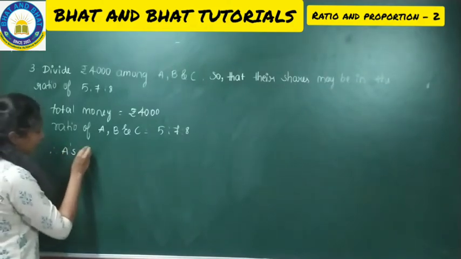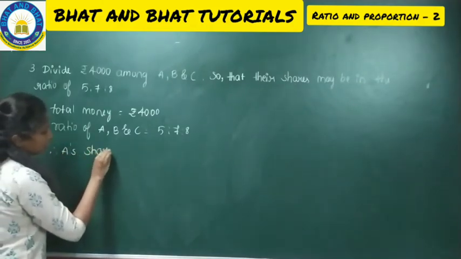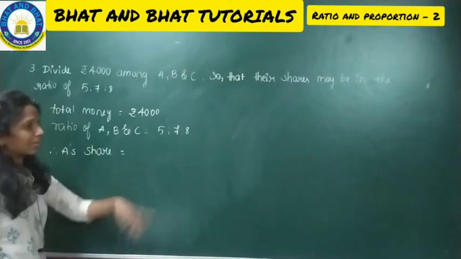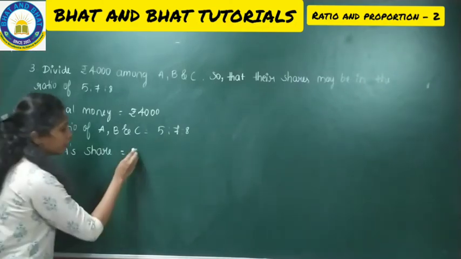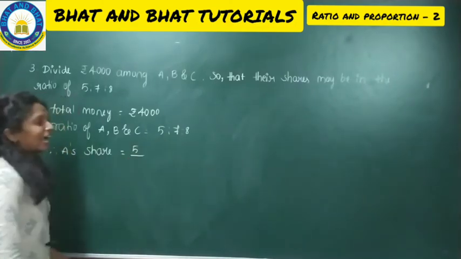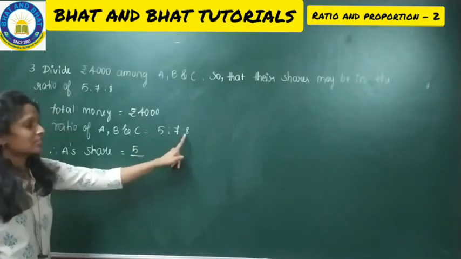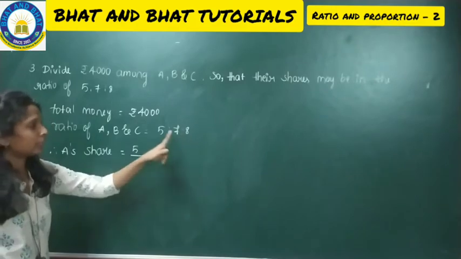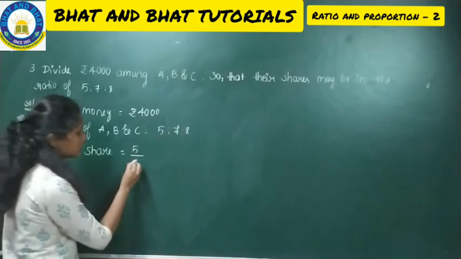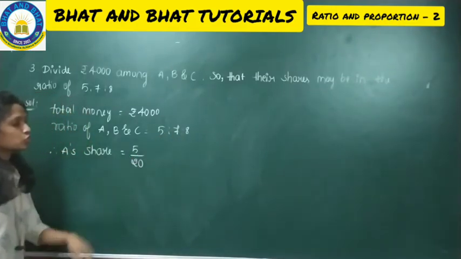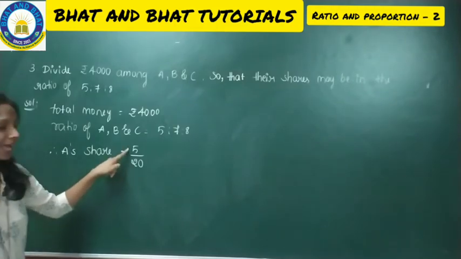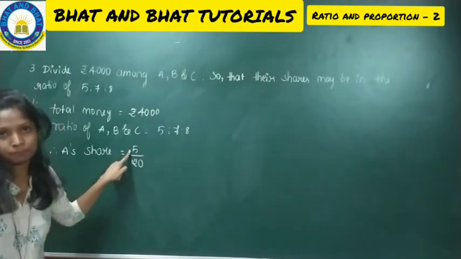Therefore, A's share is equal to, what is the value of A's part? 5. Add all the numbers. When you add all the ratios, 7 plus 8, 15. 15 plus 5, it is 20. So out of 20, A's share is fifth part.